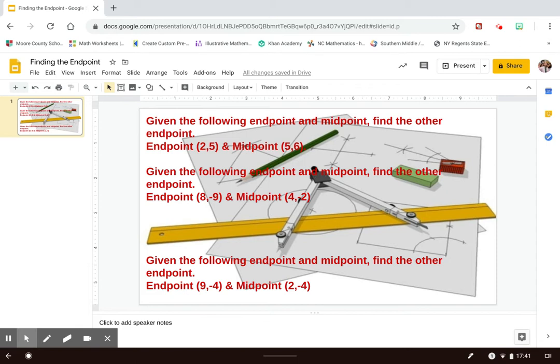So if you look at our first problem, it says, given the following endpoint and midpoint, find the other endpoint. So I have an endpoint at 2, 5, and I have a midpoint at 5, 6.